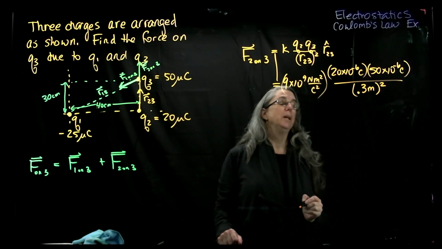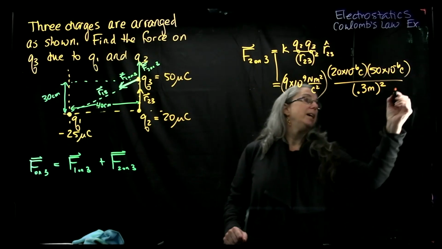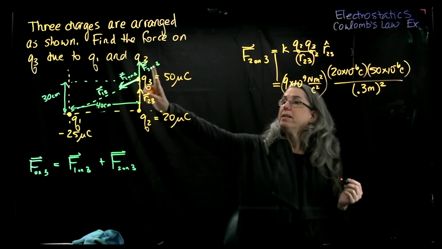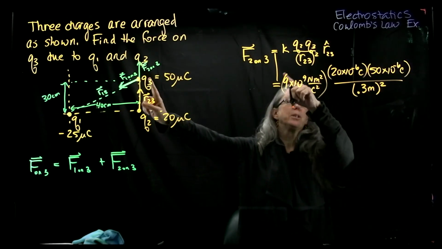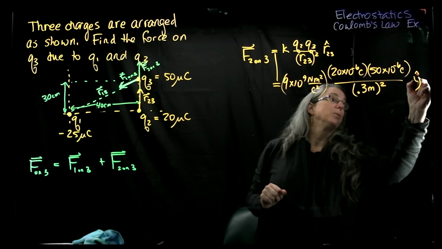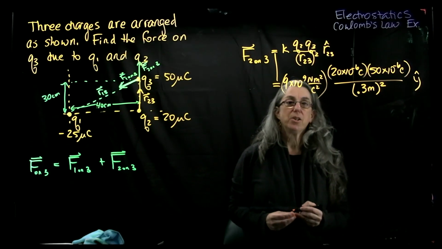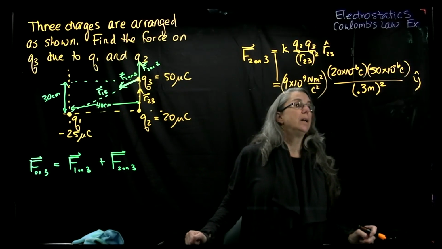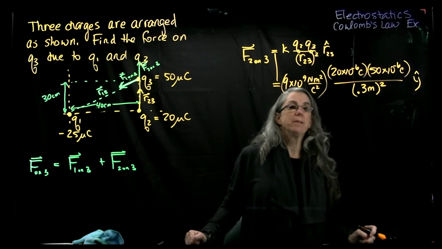So that's going to be 0.3 meters. And the direction of this R vector, which is the same direction in this case as the force because they're both positive, is in the y hat direction. Some books write that as j hat. It just means a unit vector in the y direction.